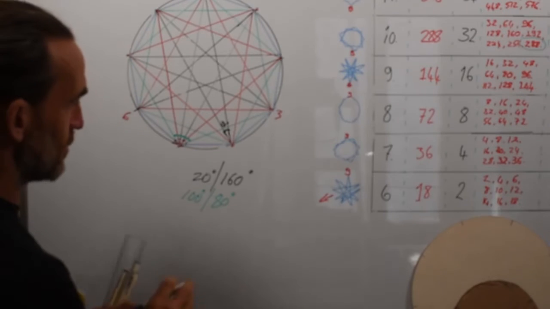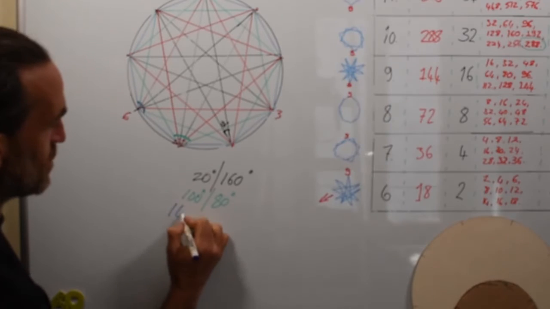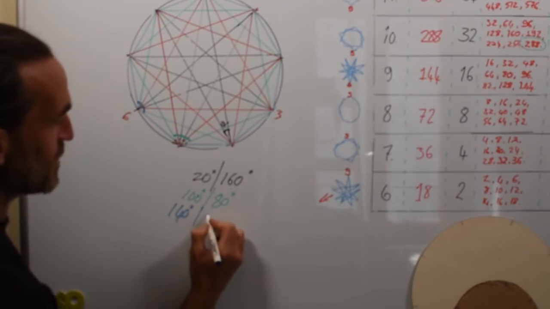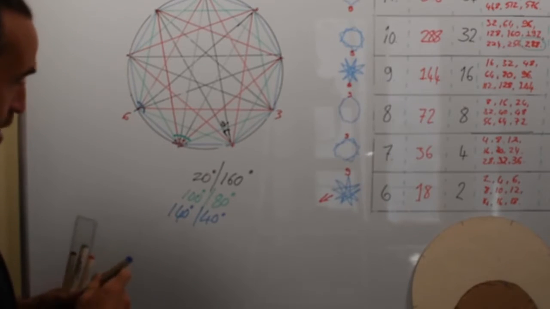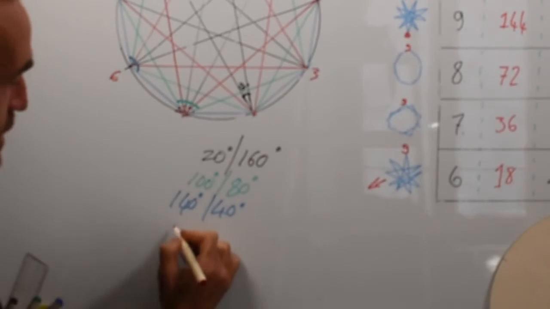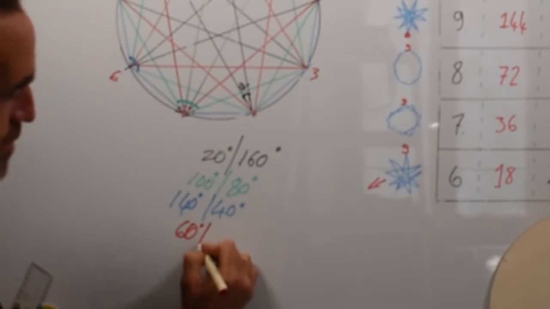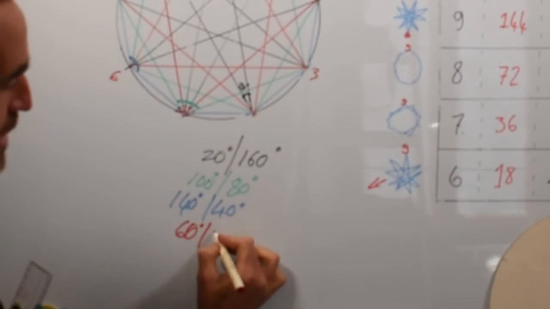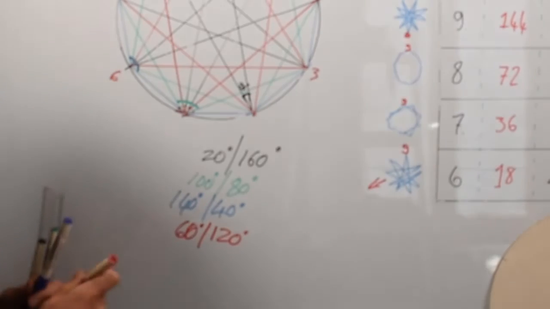On the enneagon, the angle there is 140 degrees, and therefore the exterior angle is 40 degrees. And with our friend the equilateral triangle, we all know that it has 60 degree angles, and therefore the exterior angle is 120.